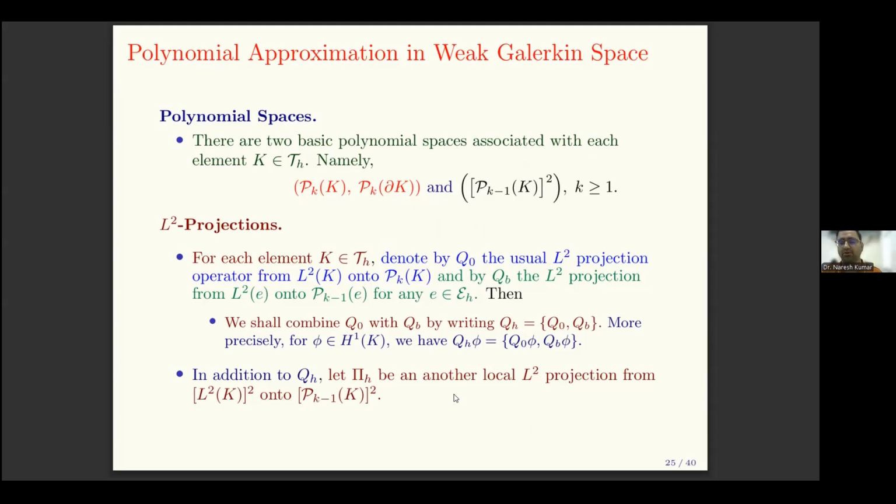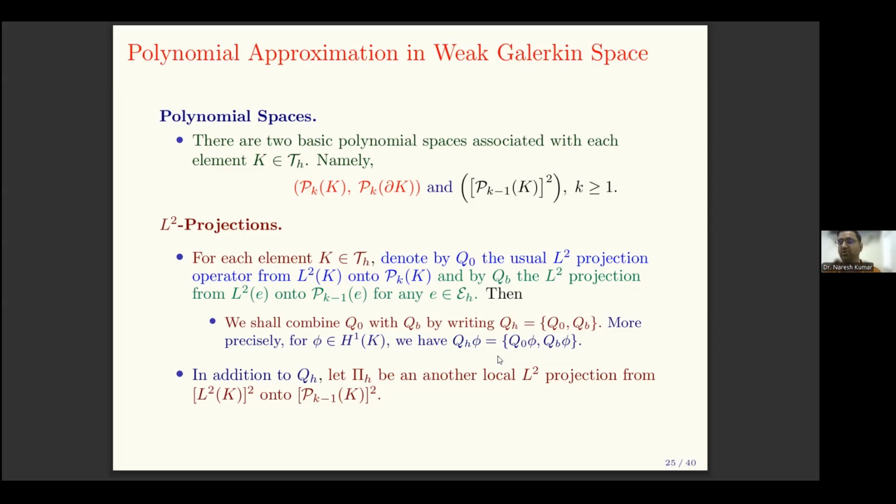we have to define some projections also, because that is useful in the error analysis. So I define the L2 projections. We have to define L2 projections in both ways: one for the interior part and one for the boundary part.